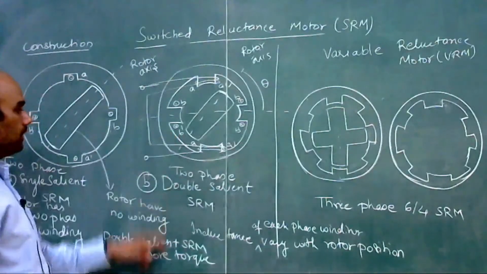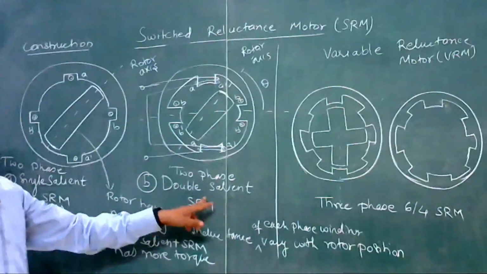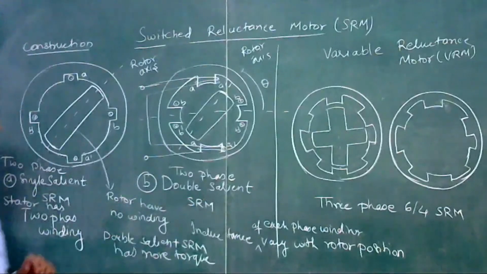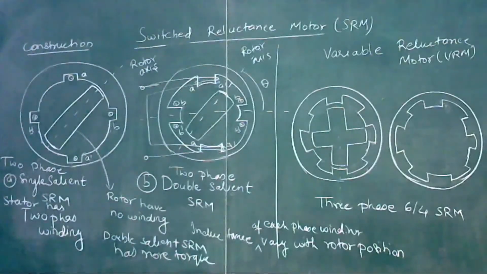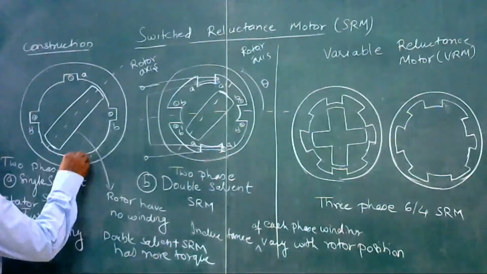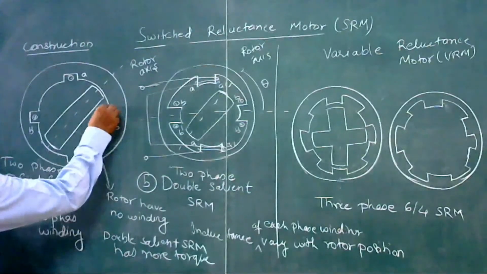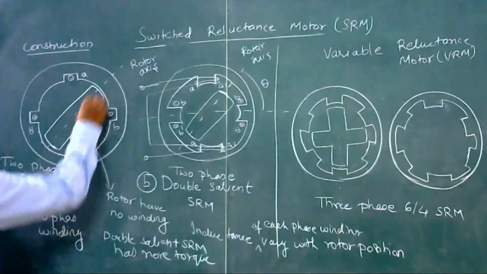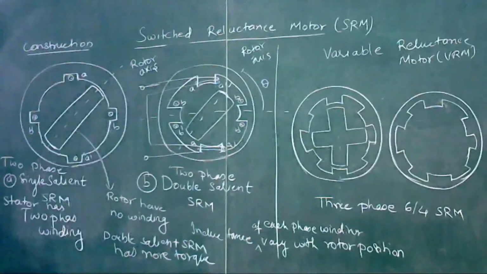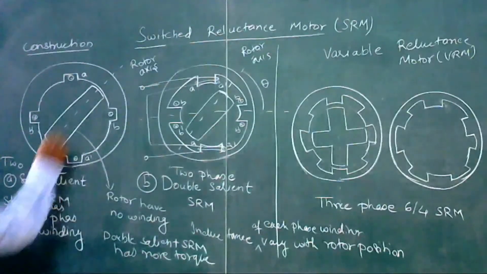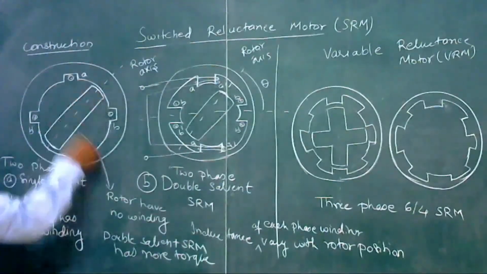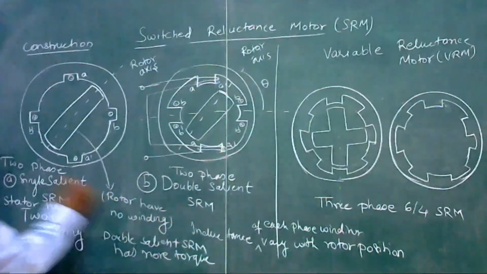So mainly the doubly salient reluctance motors are more common. This is the construction of the switch reluctance motor. This is the single salient one: a 2-pole rotor, and the rotor has no windings.